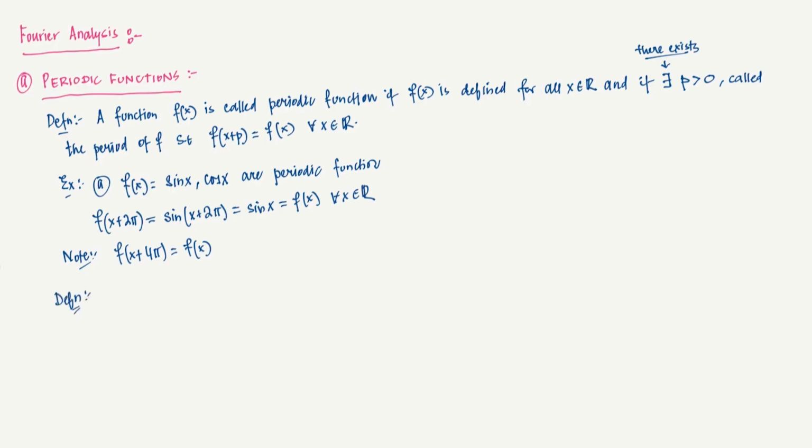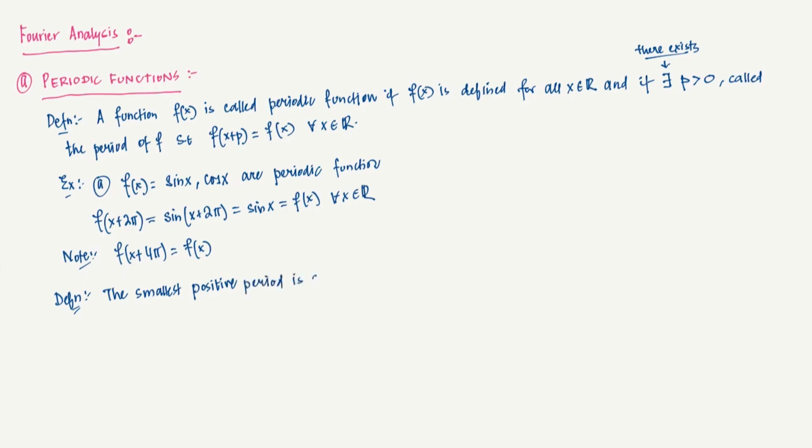But there will be a smallest possible period. In the earlier case of sine or cosine, that will be 2 pi, the smallest possible positive period. We'll call it the fundamental period.